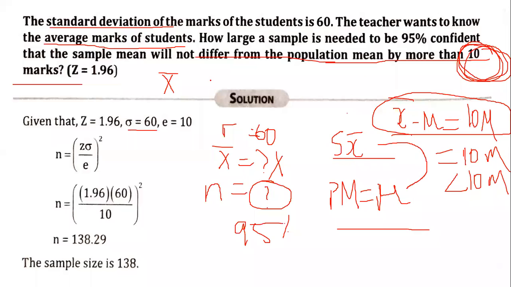But in this problem, they have clearly given that the difference between the population mean and the sample mean will not be more than 10 marks. So you can directly take 10 as the margin of error. Did you understand the question first of all?